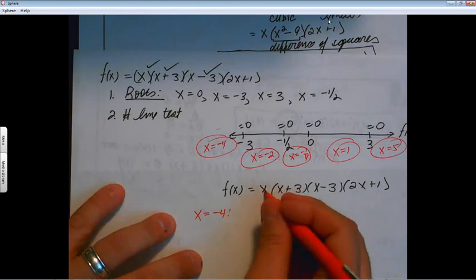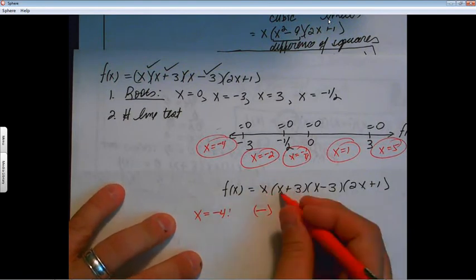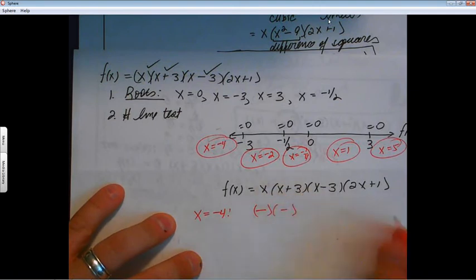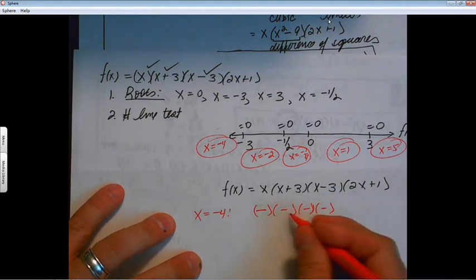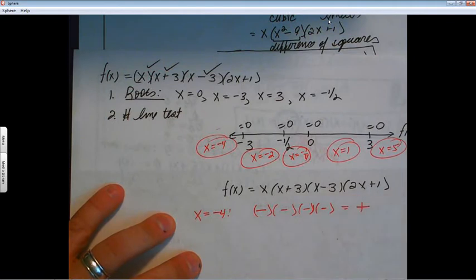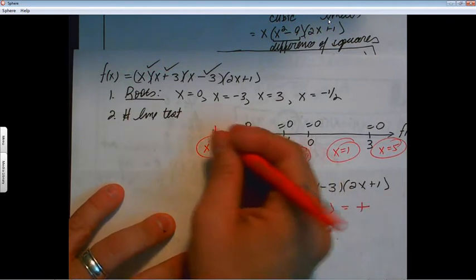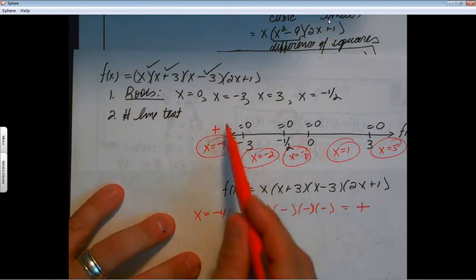Those are my values. For each of those values, I'm going to plug those values into the original function. F of x equals x times x plus 3 times x minus 3 times 2x plus 1. And we're going to pay attention to the sign. If x equals negative 4, then x here is negative.